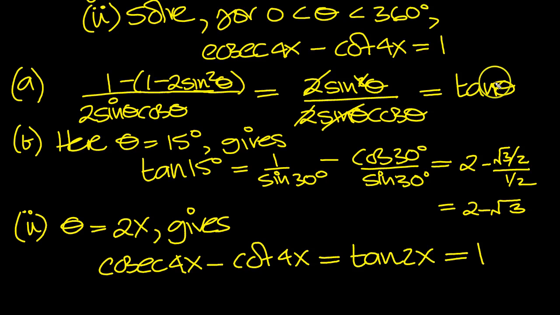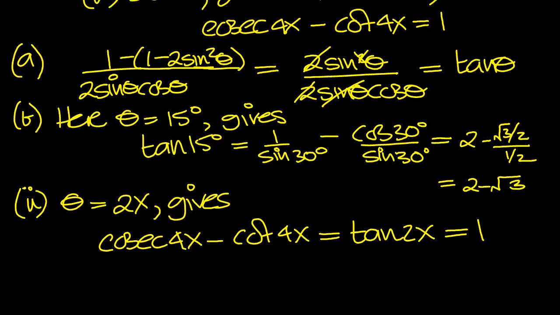And we're solving this for x between 0 and 360. So again, I need to slightly amend the question that I've written. So tan 2x equals 1 then for x between 0 and 360 degrees.